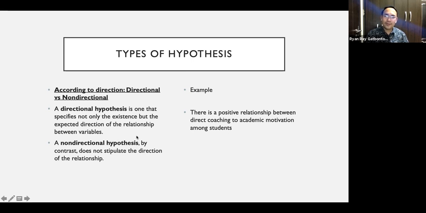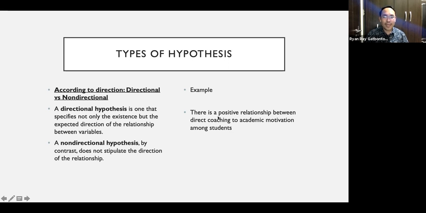In contrast, a non-directional hypothesis does not stipulate the direction of the relationship. If we state this as a non-directional hypothesis, we state it as: there is a relationship between direct coaching and academic motivation among students.